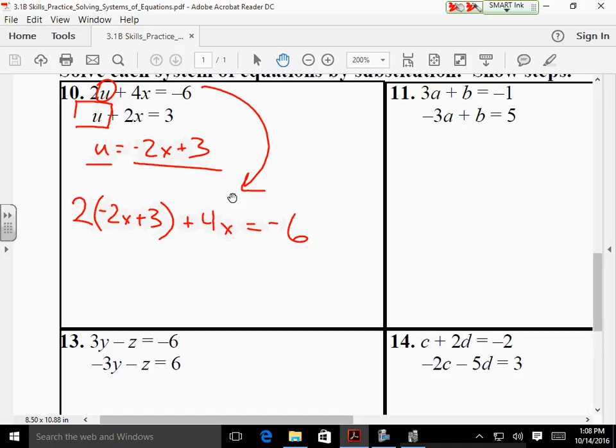And then use algebra from there. Distribute, get negative 4x plus 6 plus 4x equals negative 6.